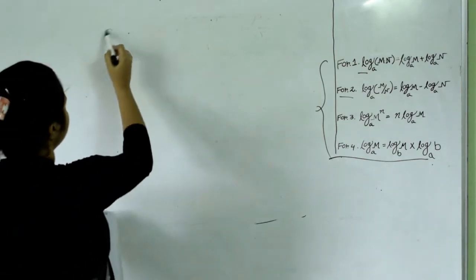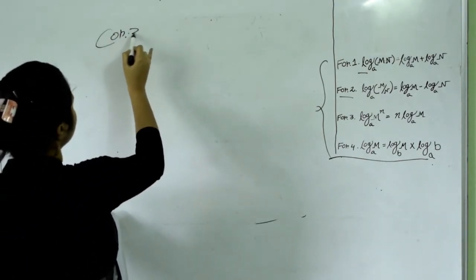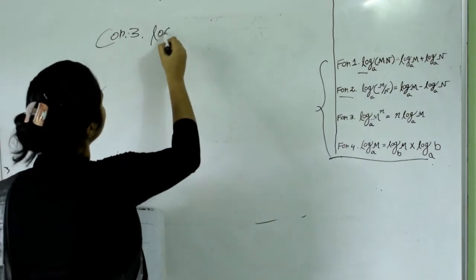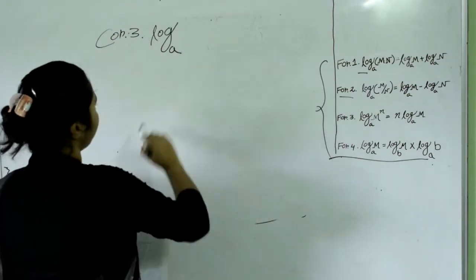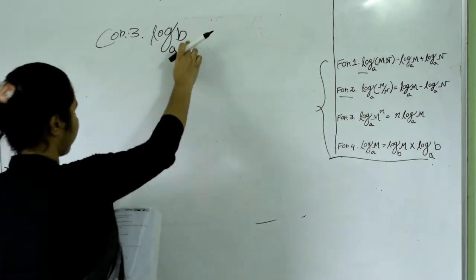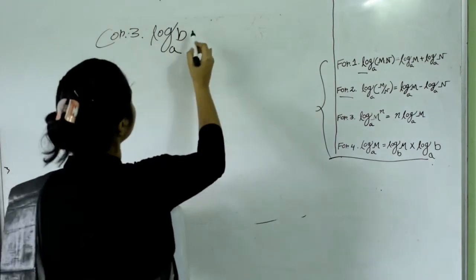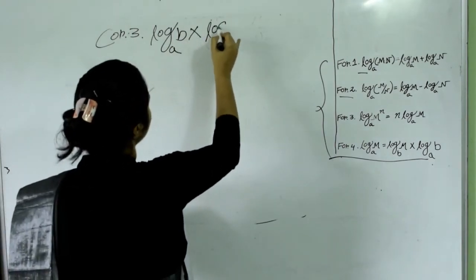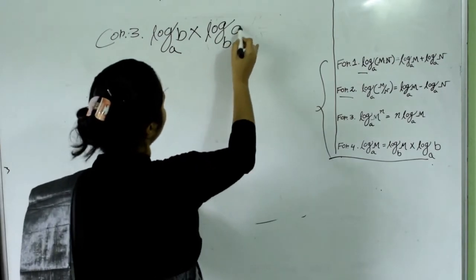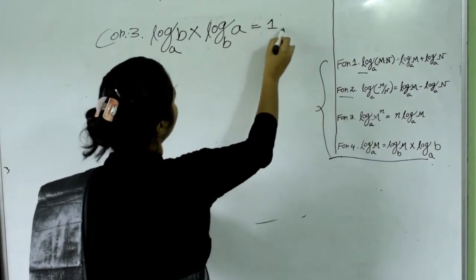Next, corollary 3. Log with base a and the value b cross log with base b and value a is equal to 1.